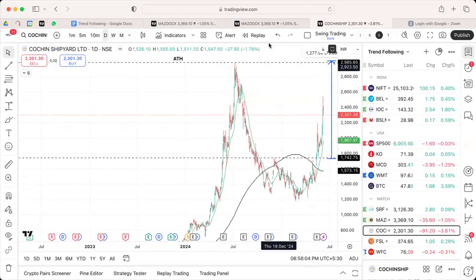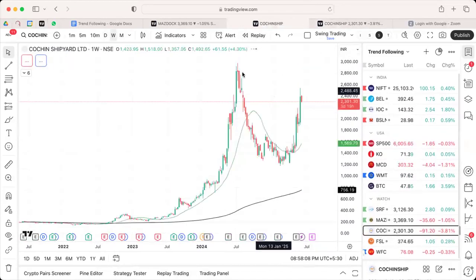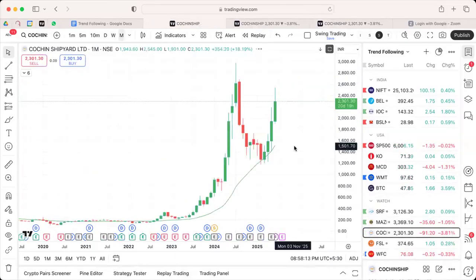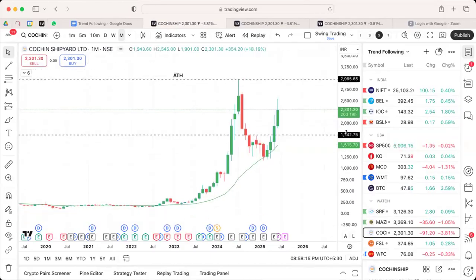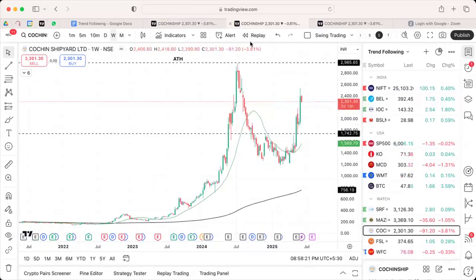Here's one, Cochin Shipyard. Let's look at this example on the monthly, weekly, and daily chart. We'll begin with the monthly chart right here, and we don't have enough history to have a 200 period moving average. But on the weekly chart, we have enough history, and you'll see that the 20 is above the 200.